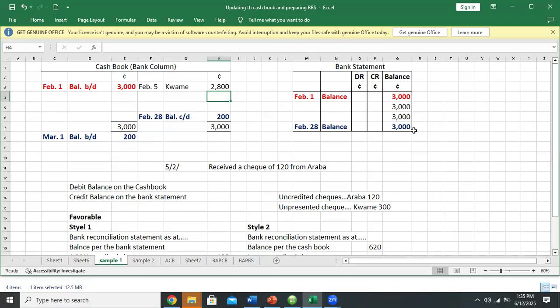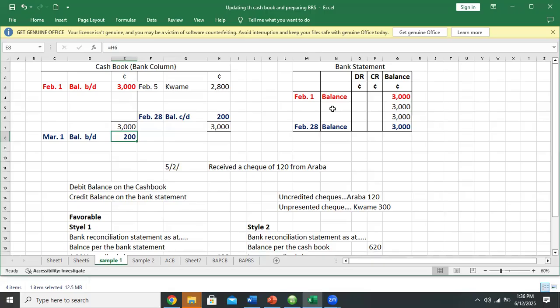We do it so that we can follow up and get the bank to do the right thing. So the issue is, if we use the balance per the cash book, then you have to add back the 2,800 so that your cash book balance will also be 3,000, equaling 3,000 on your bank statement. But if you use the balance per the bank statement, you have to less the 2,800. What are we talking about here? We are talking about unpresented checks, right?